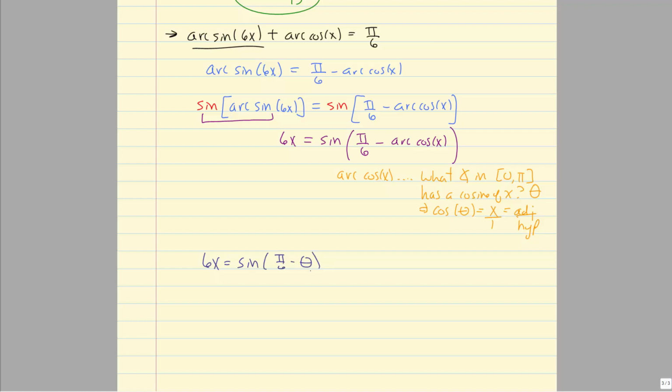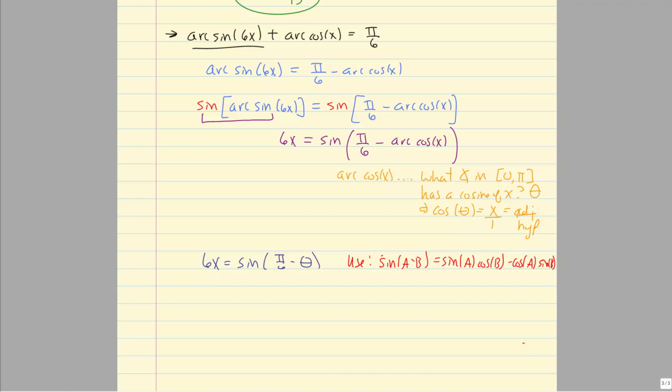And we have a formula for the sine of the difference of angles. So what we're going to do is use the sine of a minus b. And the formula for the sine of a minus b is sine a cosine b minus cosine a sine b.